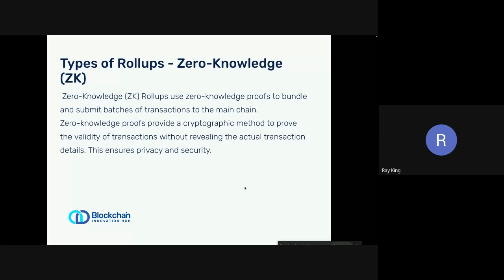And this way, even in the presence of a third party, even if somebody is trying to eavesdrop on your conversation, he still won't know the password, even though you can prove that you know it. So that's how zero knowledge rollups work. This helps security because before each transaction can be validated, it has to go through this cryptographic method.